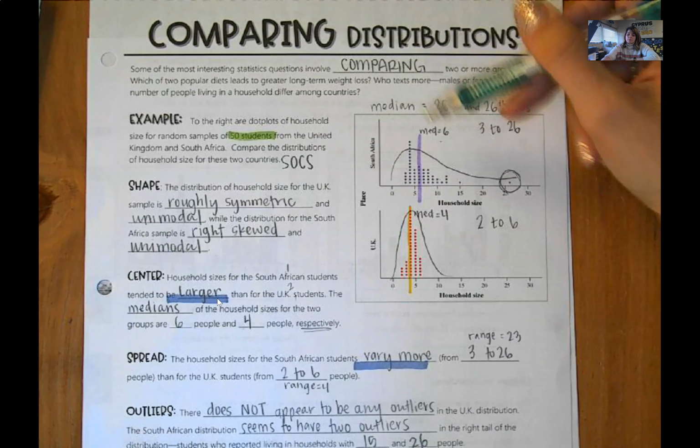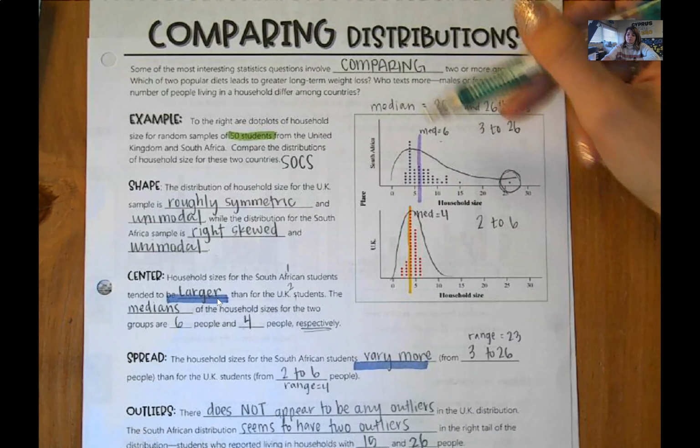So what we are on to now in this video is what happens if we want to compare two histograms, because at this point we've looked at two stem plots, we've looked at two dot plots. So now let's see what happens when we look at two histograms.